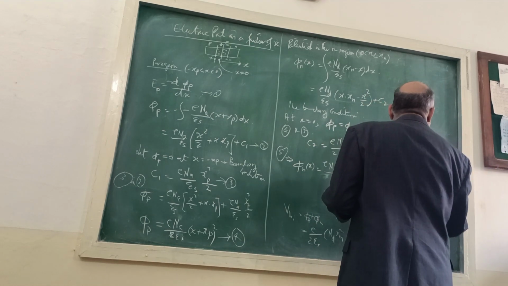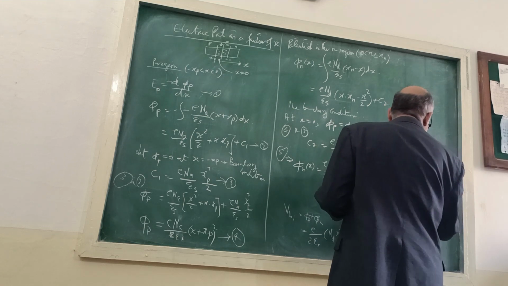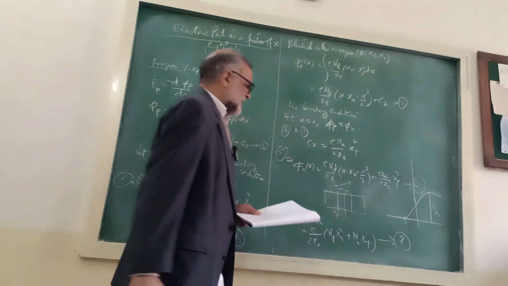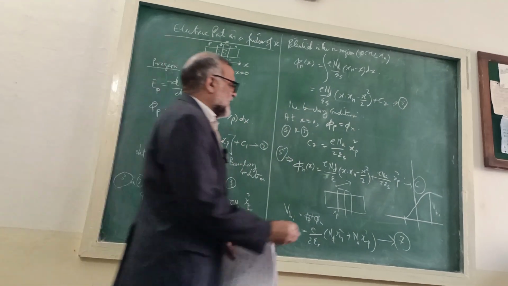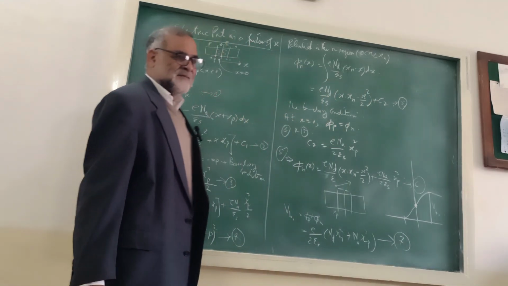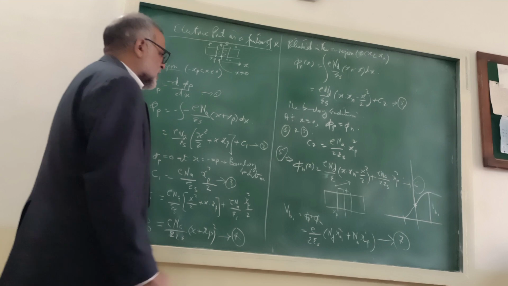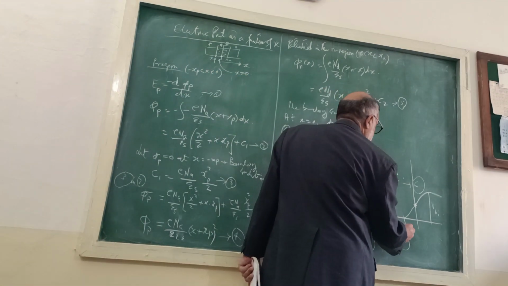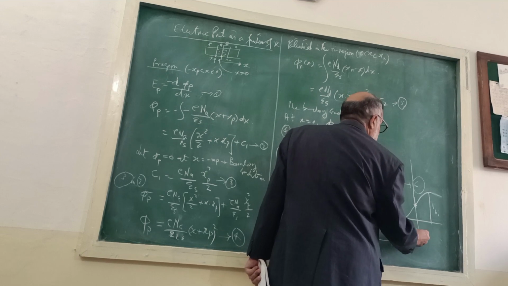So this potential from here to here is V dr. And at this point, x is equal to 0, the two potentials will be the same. When you plot this equation here, this is minus xp, and this is 0.